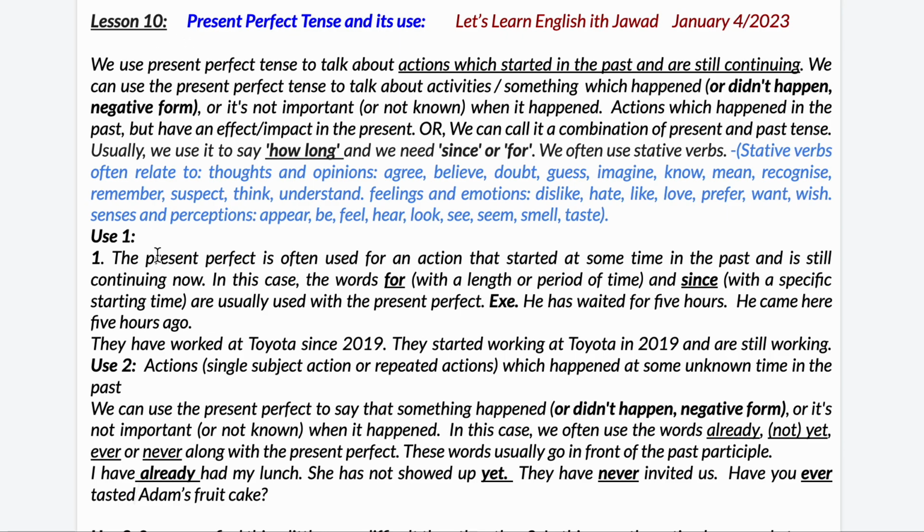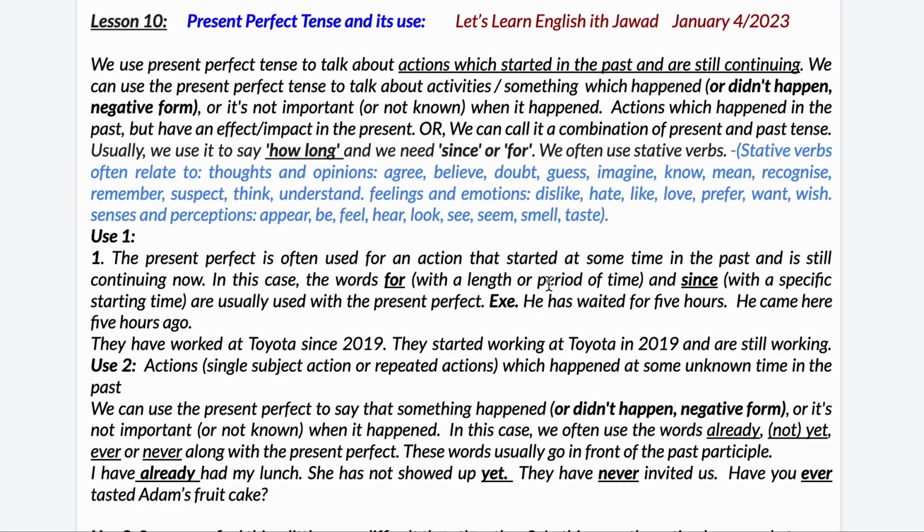Okay, so the first one says the present perfect is often used for an action that started at some time in the past and is still continuing now. So in this case, the words for, with a length or period of time, and since, with a specific starting time, are usually used with present perfect.